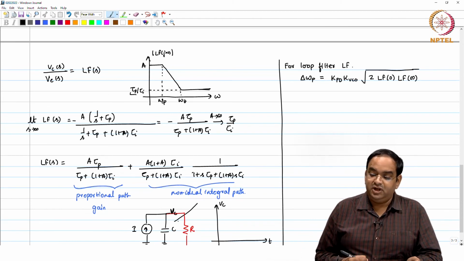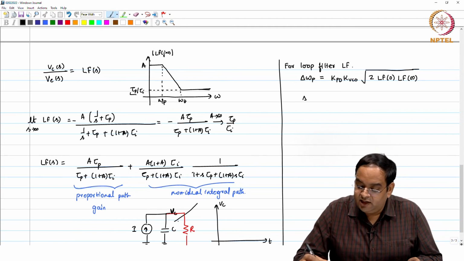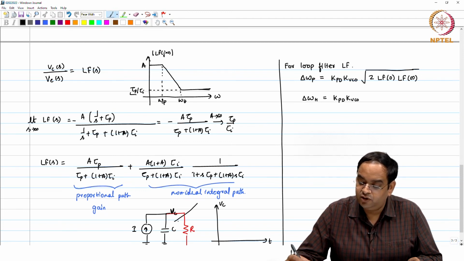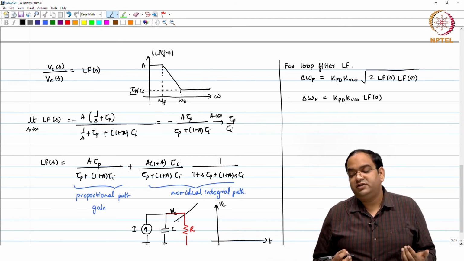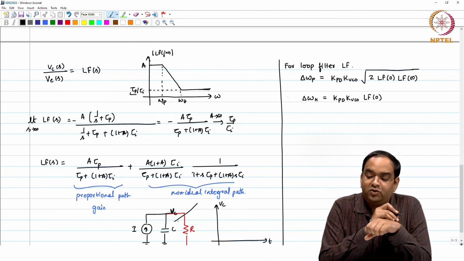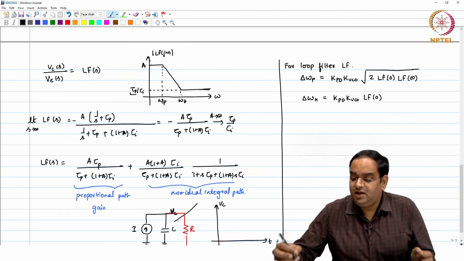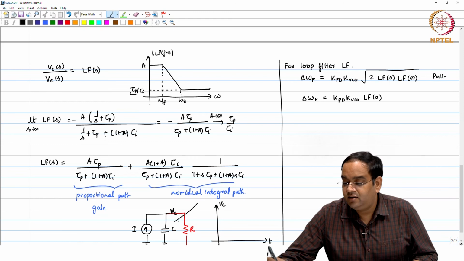This is the pull-in range, and the hold-in range is KPD times KVCO times loop filter of 0. If loop filter of 0 is infinity, then you see that both the pull-in and hold-in ranges are actually infinite.